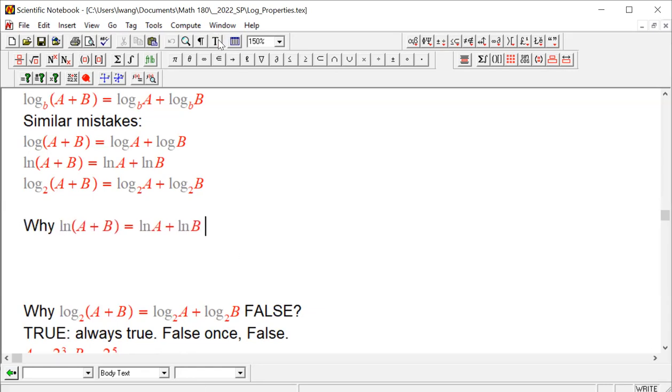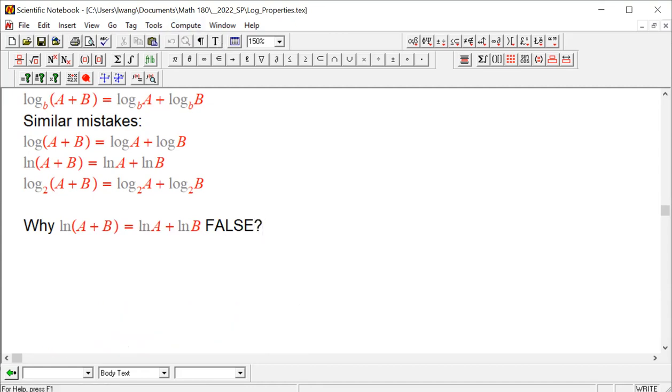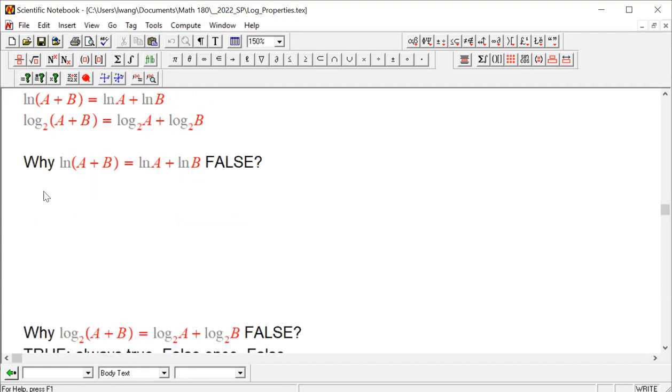This is false. Once again, I want to give you some examples. It's still the same argument: if it's true, it should always be true. False once, false. So I'm going to give you that case of false once.